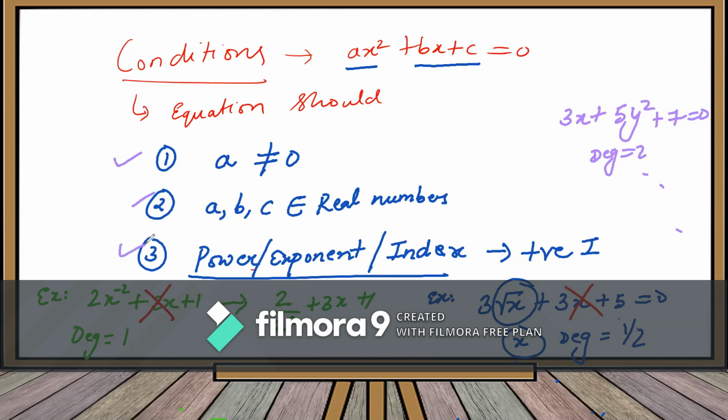All these things are satisfied. But the most important thing is that there are two variables, x and y. For a quadratic equation, we should only have one variable. So these are the simple basic rules you have to follow to find out whether a given equation is a quadratic equation or not.